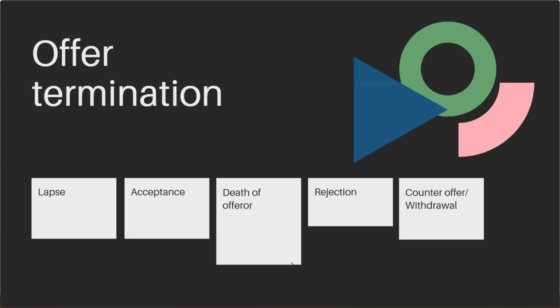When the offer is rejected, the rejection also terminates the offer. And if the offeree makes a counter offer, then the offer is also terminated. The withdrawal of the offer also terminates that.